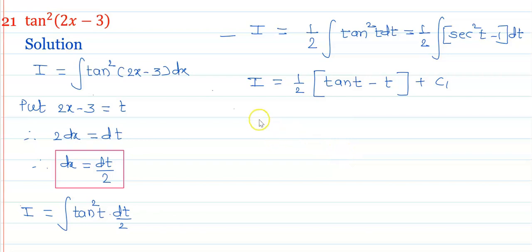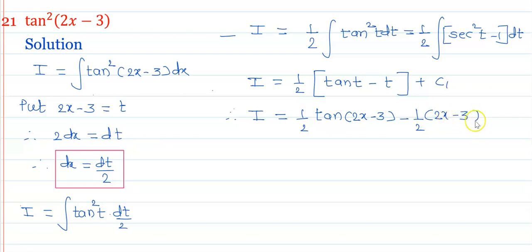I am writing here c, and therefore I is equal to 1 upon 2 bracket tan of t. Substitute the value of t, which is 2x minus 3, tan of 2x minus 3, minus 1 upon 2 in bracket 2x minus 3 bracket complete plus c1.